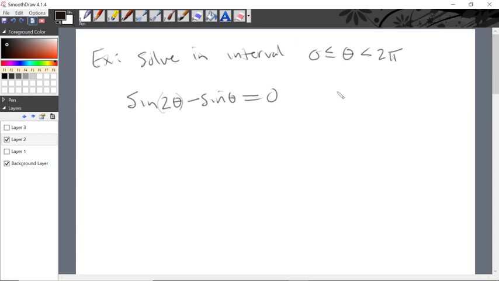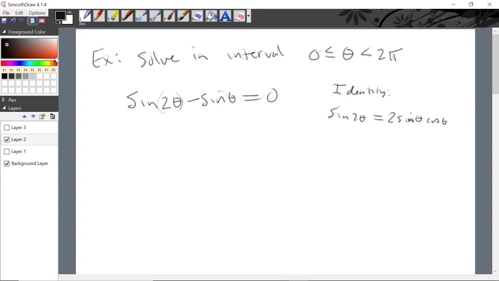In fact, the identity that we'd want to use here is the sine of 2 theta is equal to 2 sine theta cosine theta. That's the double angle identity for the sine function. The reason we want to use that here is because the arguments are not the same as each other.